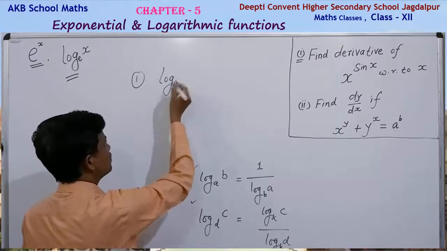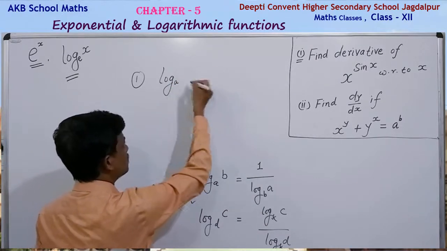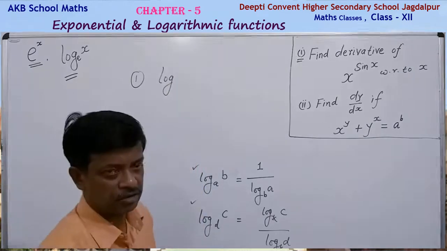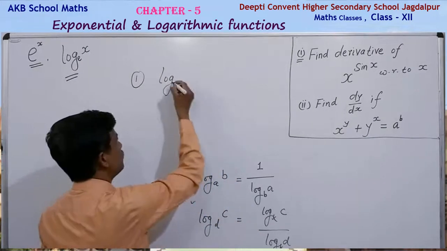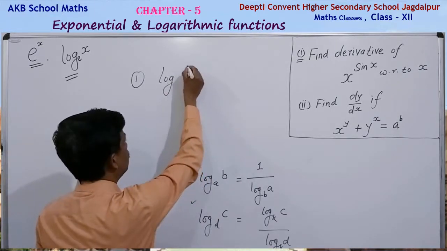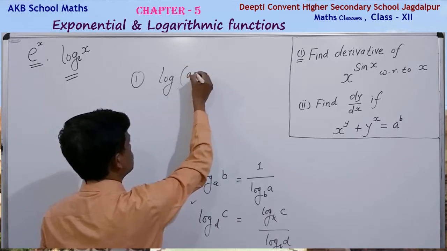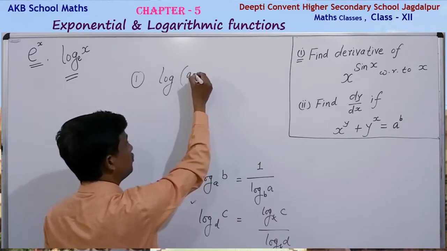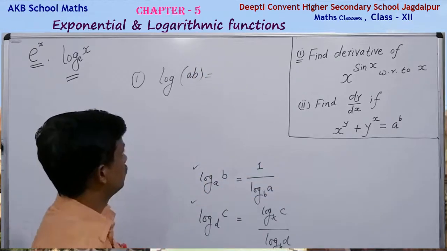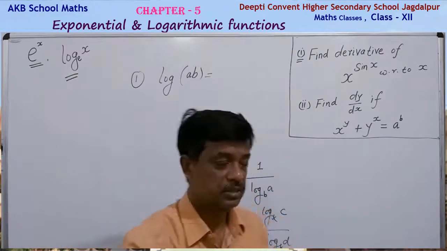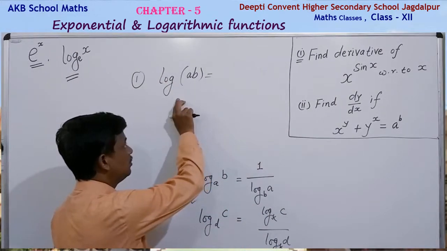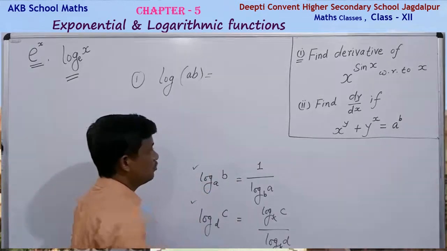You can write log a to the base, whatever is written; if no base is written, that means e is written, and otherwise there is some base. Now, log of the product of two functions: log of a into b, two numbers or two functions, log of a into b, this is equal to what?